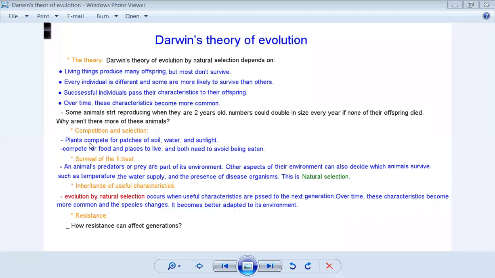Do you have any idea? Why don't we have too many of these animals on our planet? Because the offspring don't survive. Sorry? Because the offspring don't survive. Okay, what else?